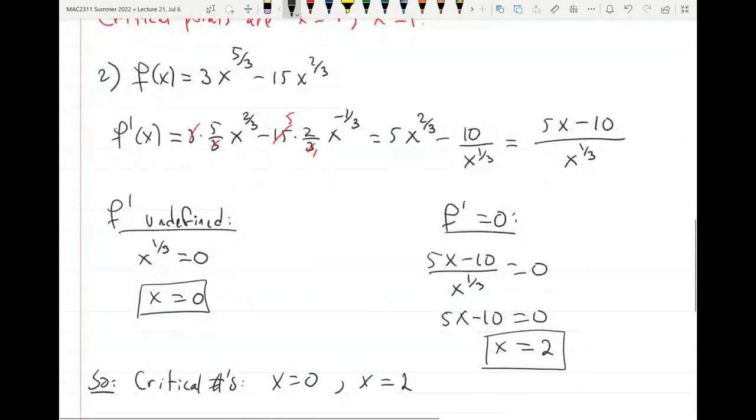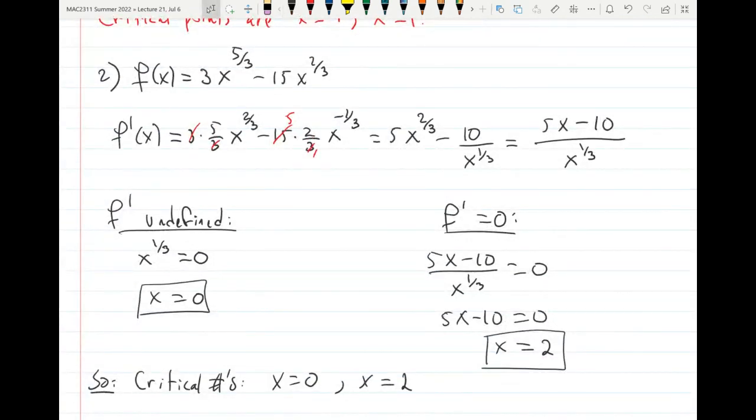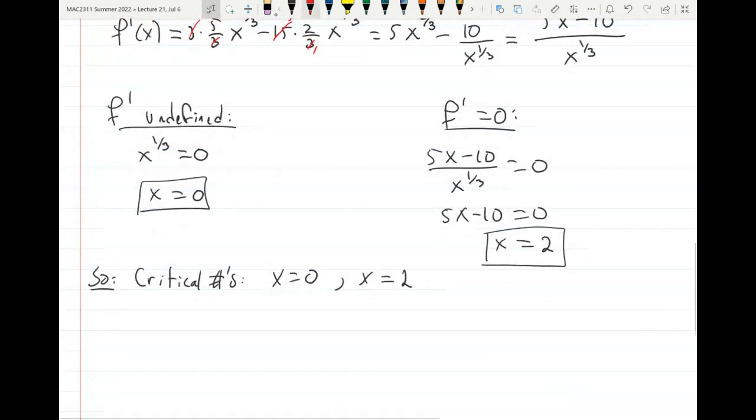All right, questions? So x equals 0 is because it's undefined. How do we call this one? Stationary. They are both critical numbers, but this one is stationary because this one came from f prime being equal to 0. Okay?